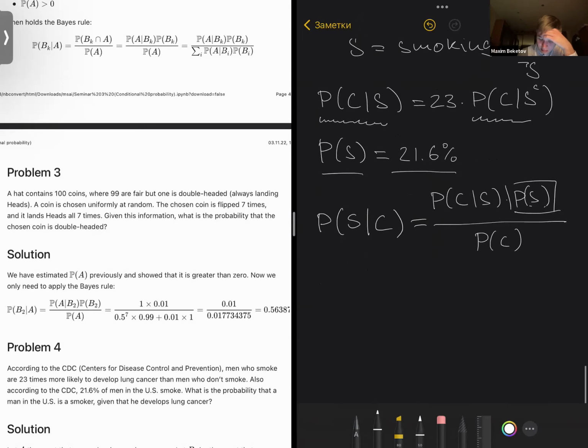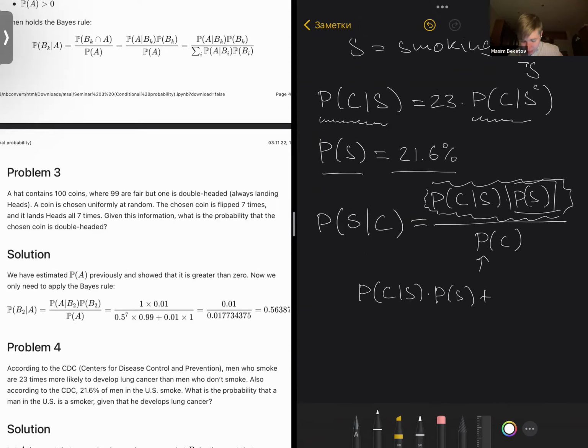But we don't have that data. But we can rewrite this. So by law of total probability, it's P of C given S times P of S. It's what we have in the numerator, right? So it's exactly the numerator.